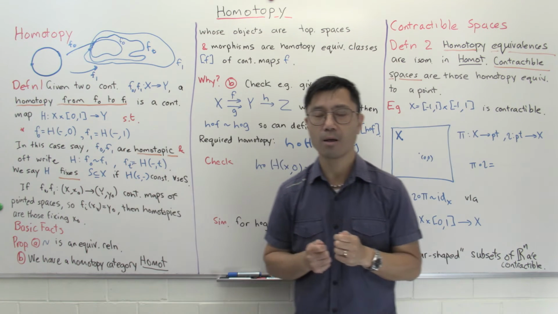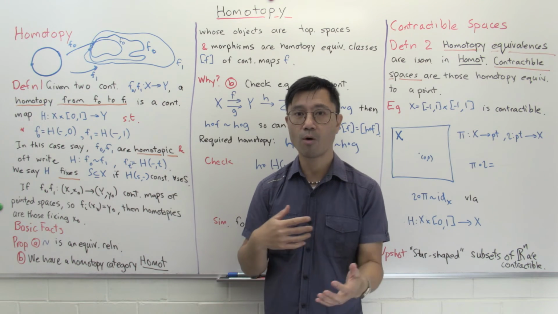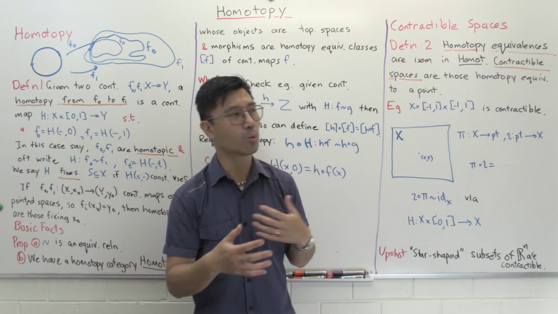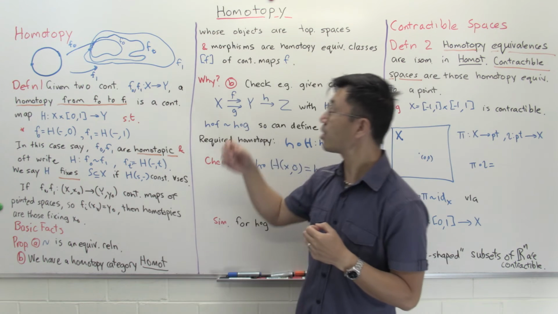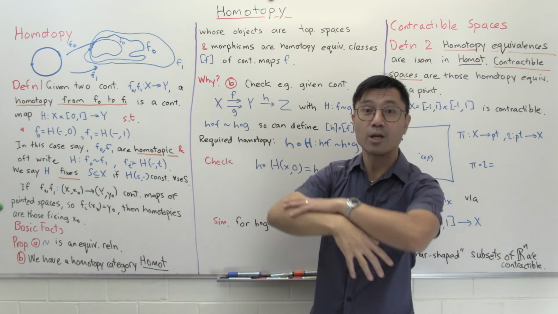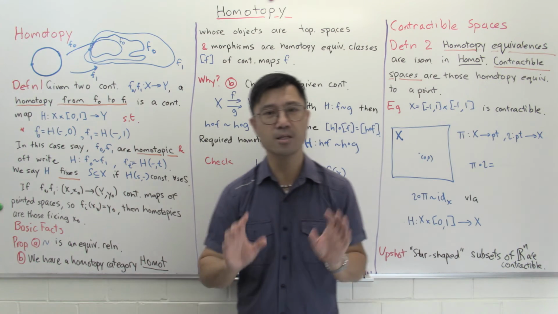And the point is now that in this new category, a lot more things will become isomorphic. Basically because to be an isomorphism, what do you need? Well, you need inverse maps which equal the identity. And here it's easier to equal the identity because the identity is now a whole equivalence class, a homotopy equivalence class of maps. Okay, so that's the first point.